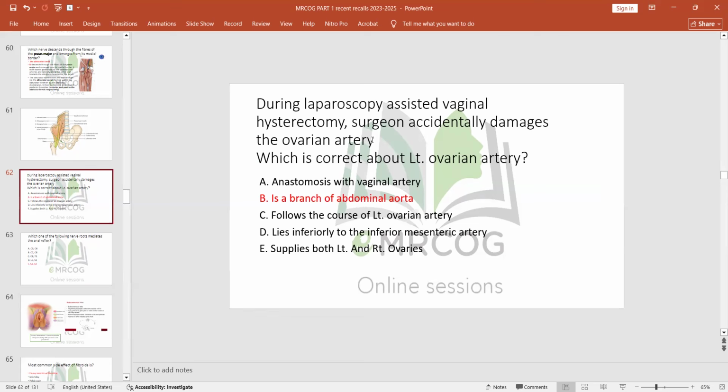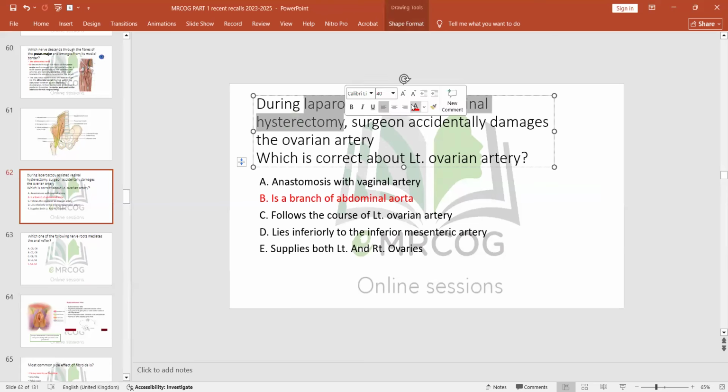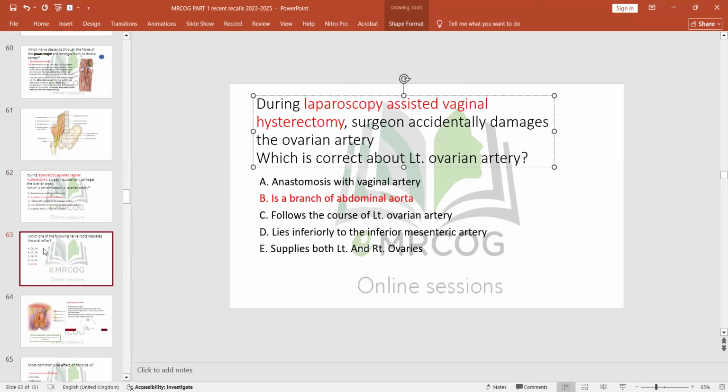This kind of operation, the laparoscopy assisted vaginal hysterectomy, is by far the most common one to cause bladder injury, more than vaginal hysterectomy alone and more than laparoscopic hysterectomy alone. This one is very prone to cause bladder injury.